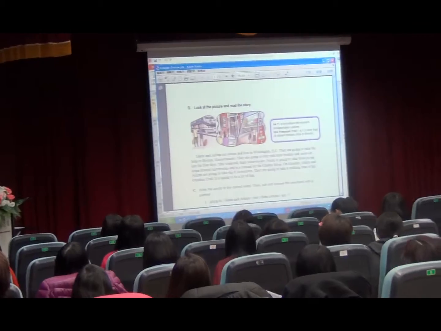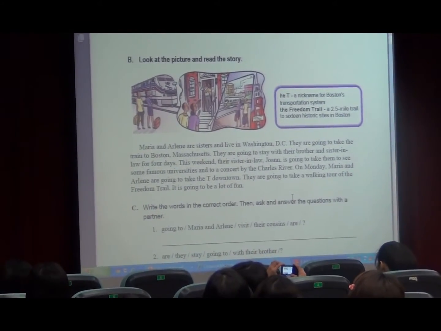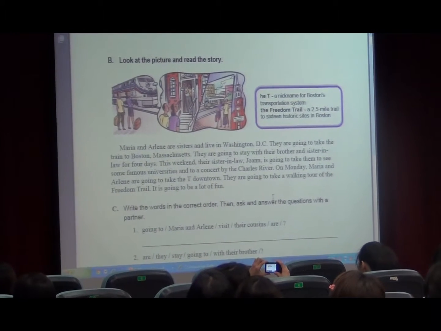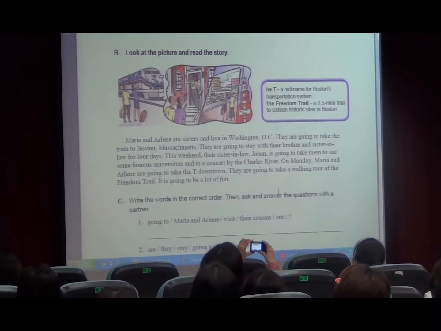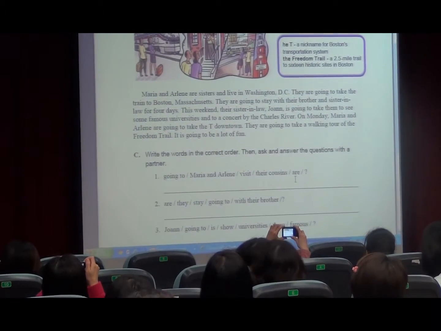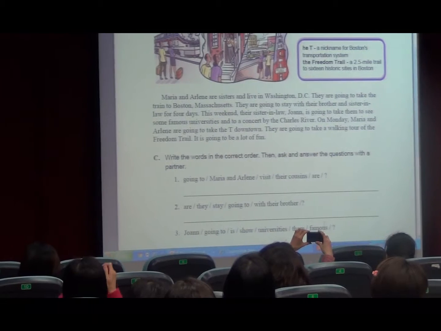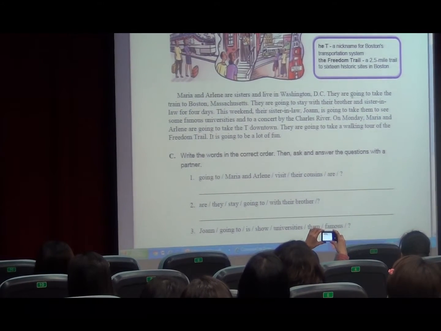After you're finished, with your partner, please write down as much as you can about the reading that you remember, in sentences. All right, so here's the reading. Is that big enough?